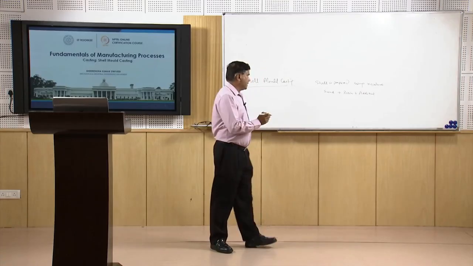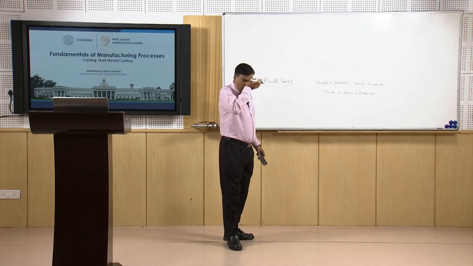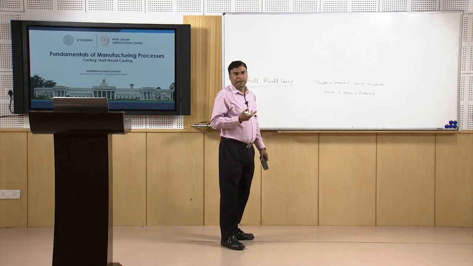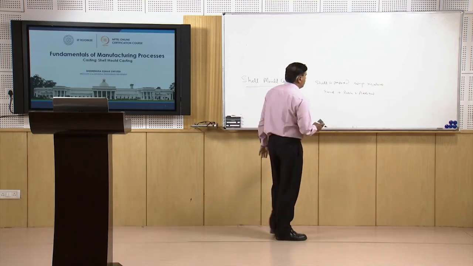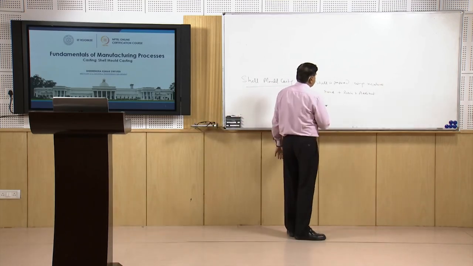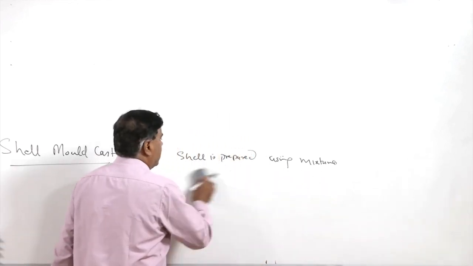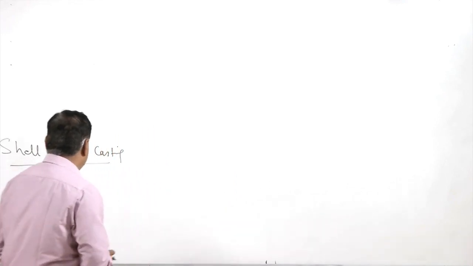A mixture of these three is used for preparing one shell, which is used as a mold cavity for pouring the molten metal, so that after solidification the desired casting can be achieved. An advantage of this process is that it helps to achieve very close dimensional control as well as good surface finish.